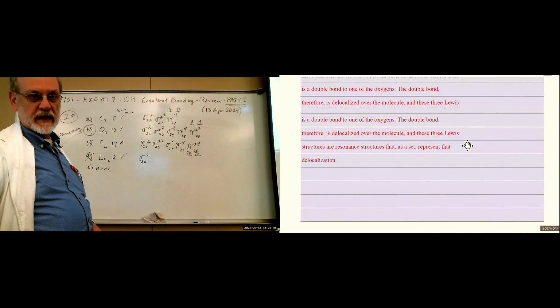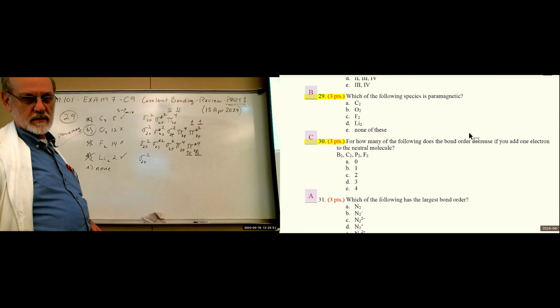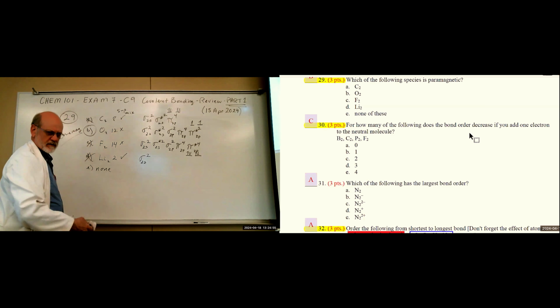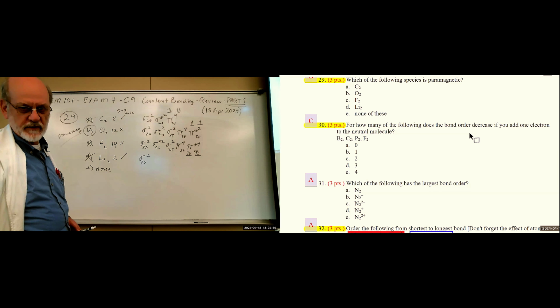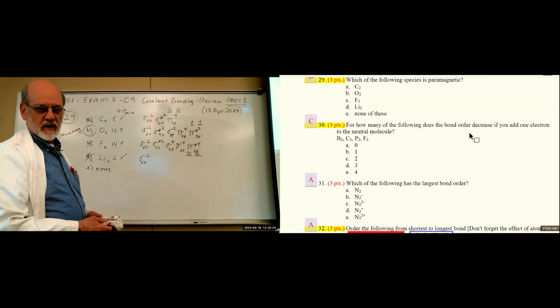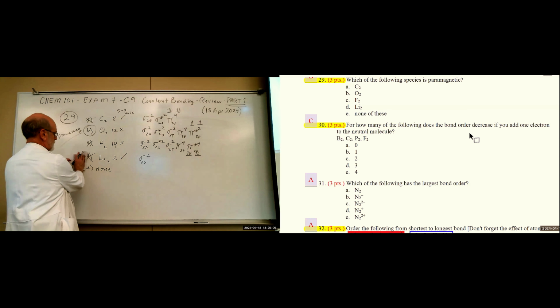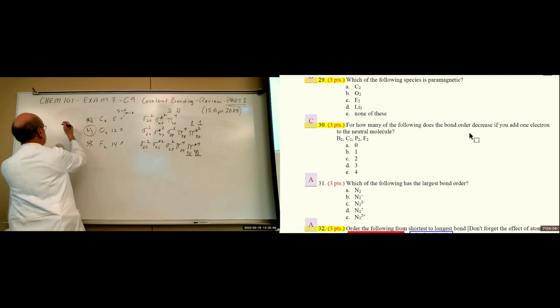So let's go back to 29. There we go. And look at 30. For how many of the following does the bond order decrease if you add 1 electron? Okay, we got carbon and fluorine already. So let's keep those for 30.